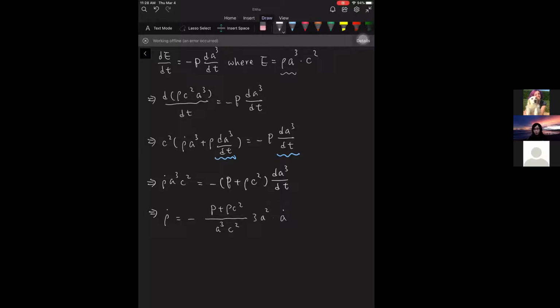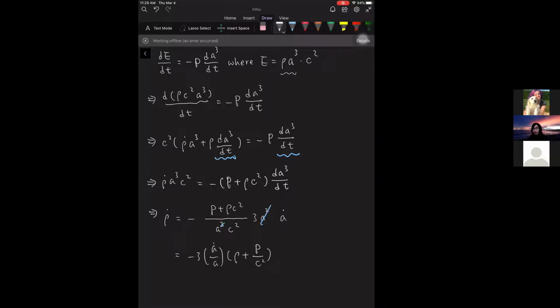Now we can cancel out the a terms and are left with only one in the denominator. That will give us minus 3 a dot over a times (rho plus p over c squared). So this is the continuity equation.